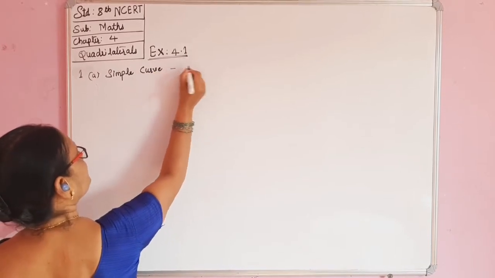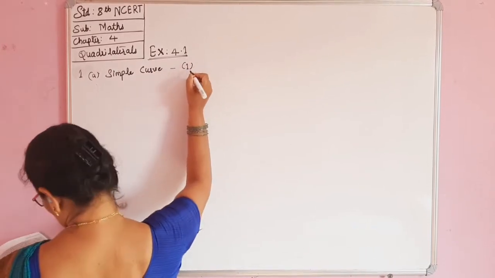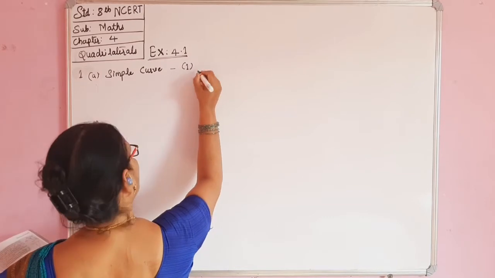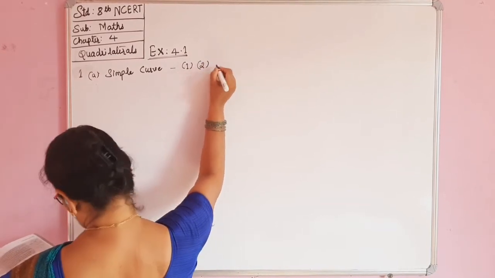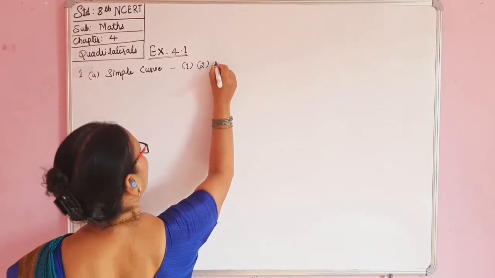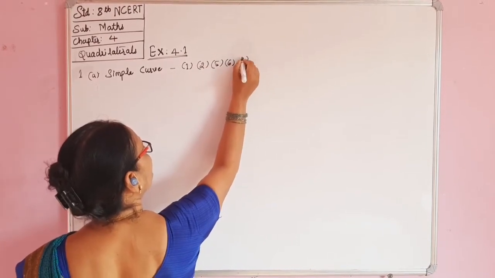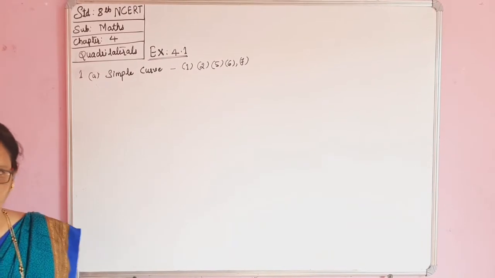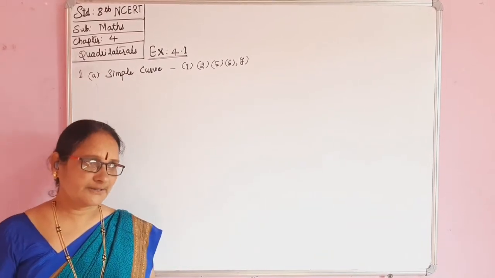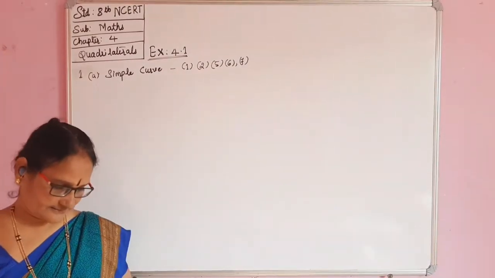The simple curves are the first one, the second one, the fifth one, the sixth one, and the seventh one. I am giving the answer directly, so please draw those figures.